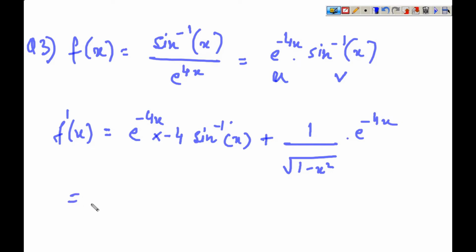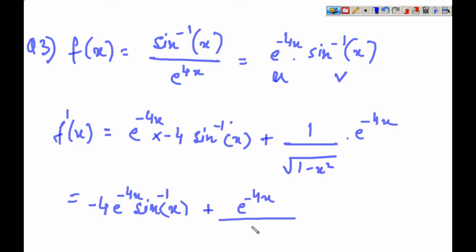So all in all, the derivative will be minus 4 e to the power minus 4x times sine inverse x plus e to the minus 4x by under root 1 minus x square.